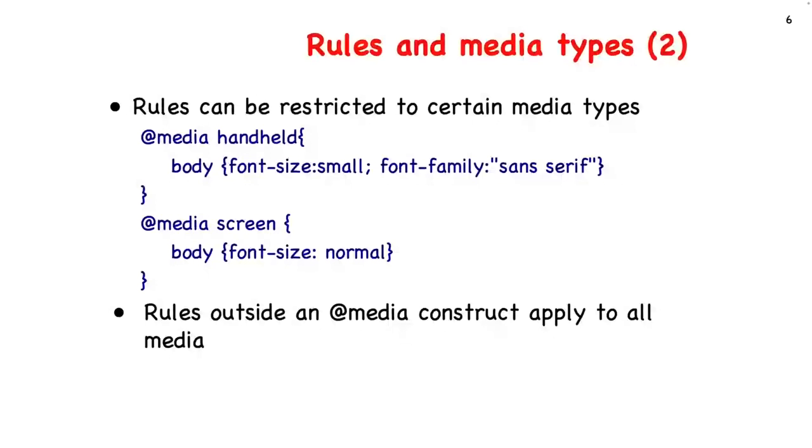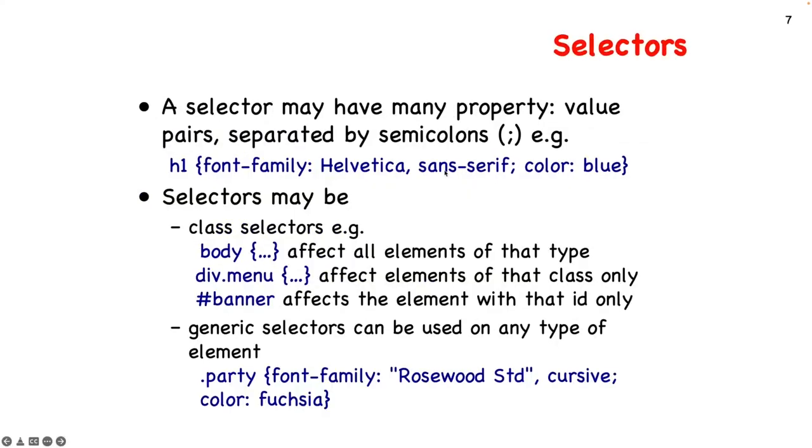If you haven't got Helvetica, then whatever the local sans serif font is, and it should be blue. So in one rule, we're saying make it Helvetica, or sans serif if you haven't got Helvetica, and make it color blue.